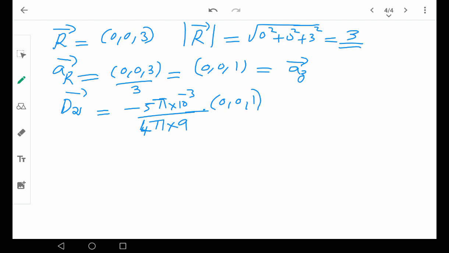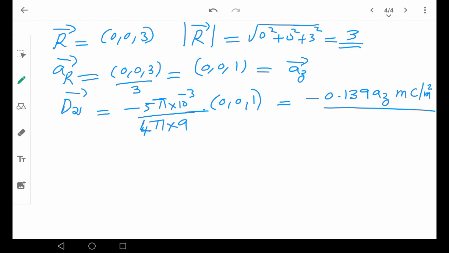So it will come around minus 0.139 az millicoulombs per meter squared. That's the value of D_Q.